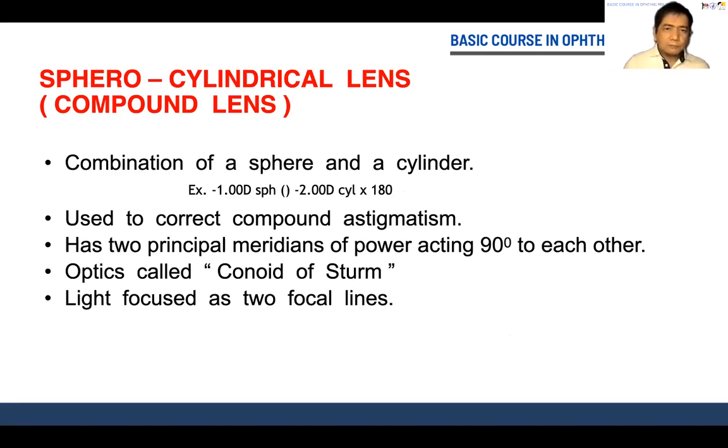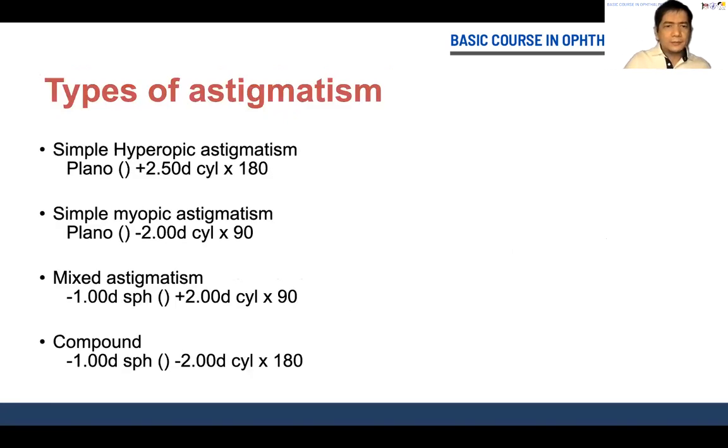So this is a compound lens used to correct myopic astigmatism. It has two principal meridians of power acting 90 degrees to each other. And its optics is called the conoid of Sturm. In this kind of lens, light is focused as two focal lines.